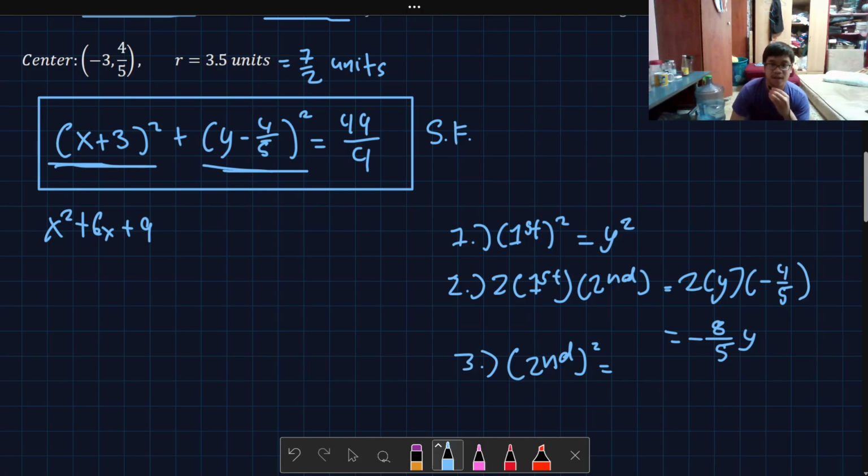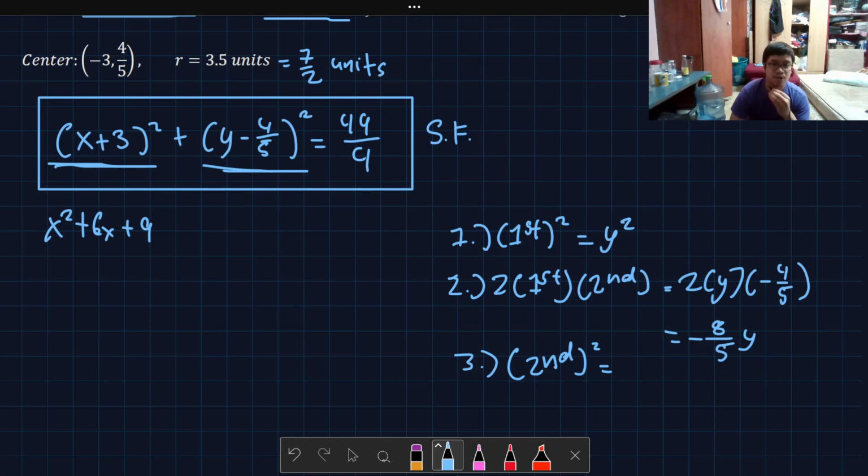To give you an idea, if you're going to multiply a whole term, like for example 2 times a fraction, 1 all over 4, you will multiply that whole term to the numerator, not below or both of them. So 2 times y, 2y. 2y times negative 4, negative 8y. Or you can have negative 8 all over 5y. Okay, so that's it.